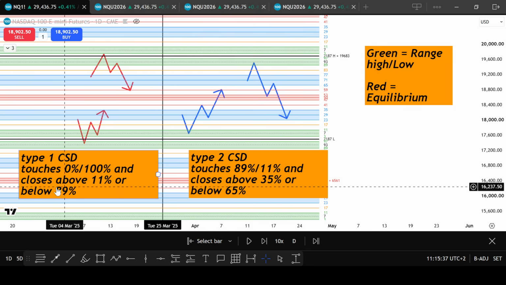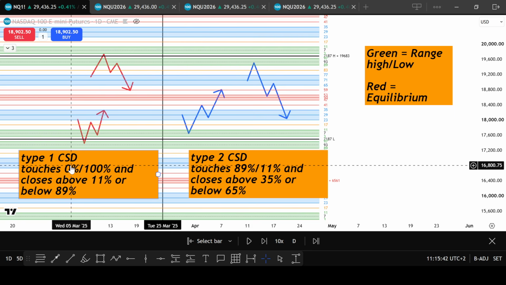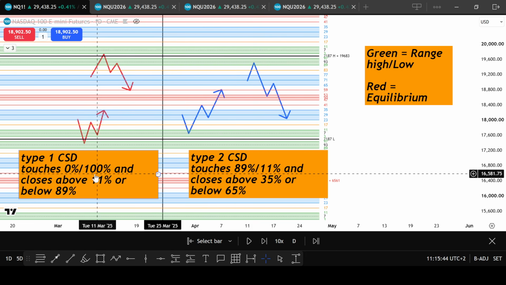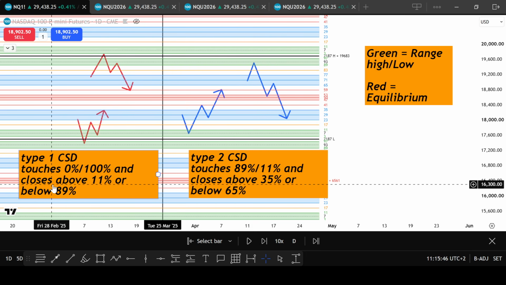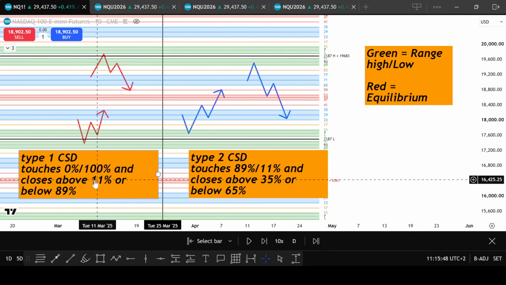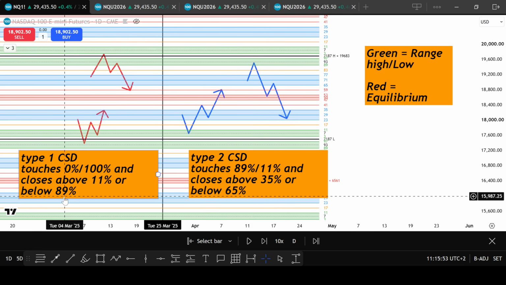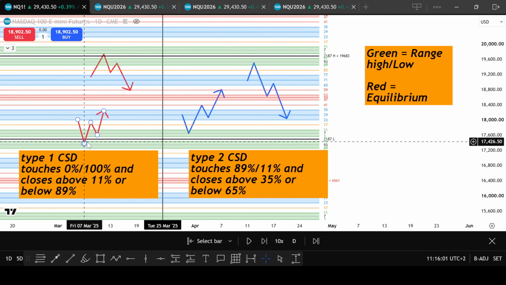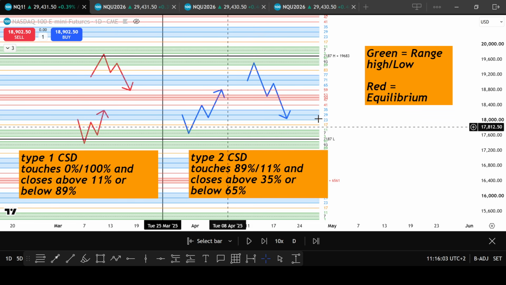Type 1 is when we touch either 0% for a buy or 100% for a sell, and then close above the 11% for a buy, or close below 89% for a sell version of a type 1 CSD. Here, the schematic shows it clearly. We come down to 0% of the range, right?